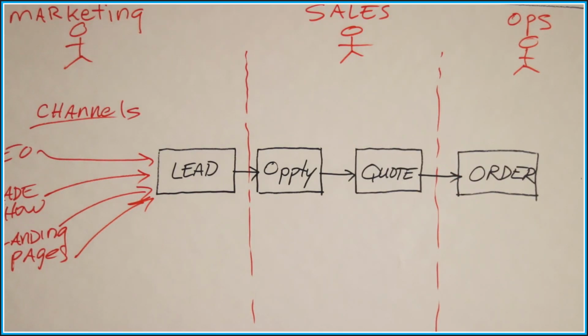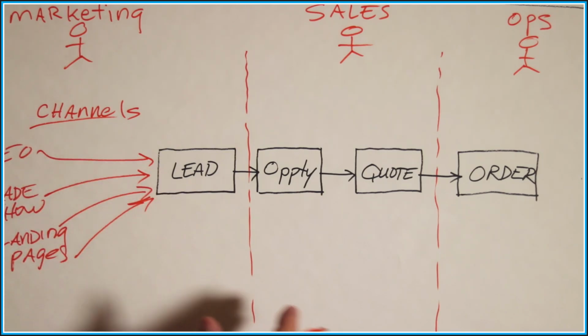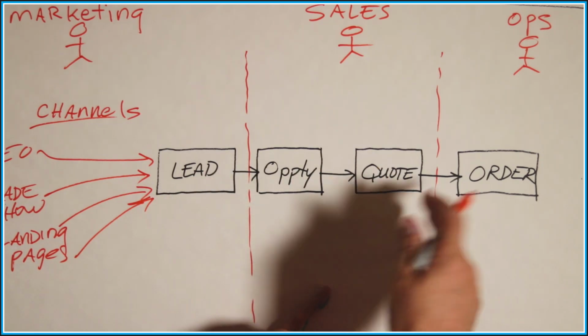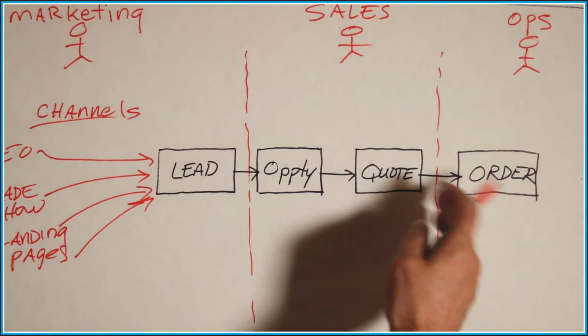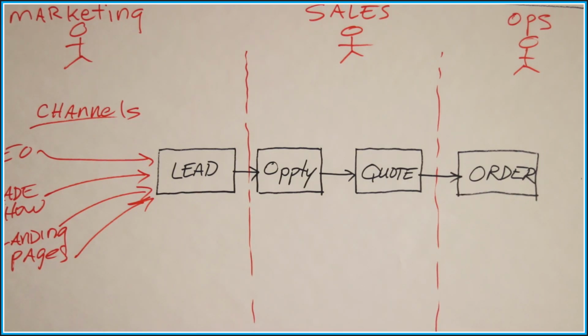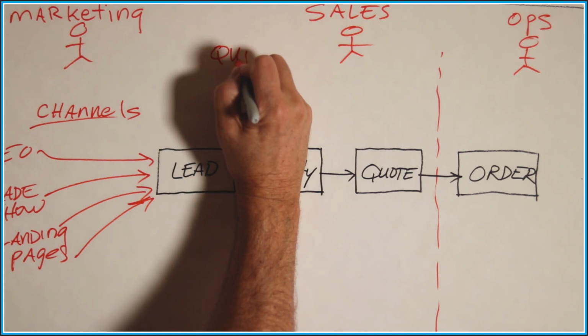And what I'm drawing are just general terms. It's not specific. Each company might be a little bit different, but typically marketing handles leads and all the way to get leads. Sales takes those leads and makes opportunities and quotes, and typically ops or delivery or whoever is taking on orders. The thing that gets us from lead to opportunity is a process called qualify.